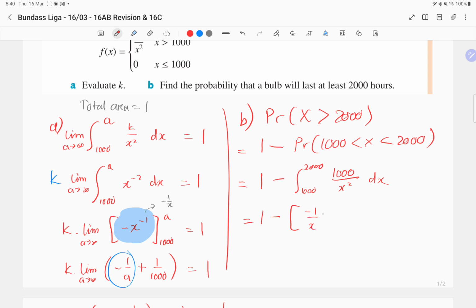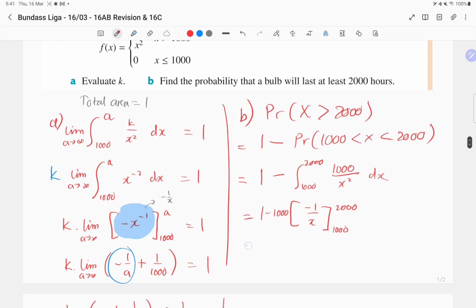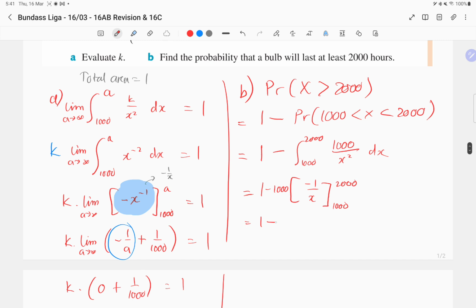That's minus 1 over x, calculated from 1000 to 2000. Okay, and then there's a K at the front as well, so that will be 1000 at the front. So then that would be 1 minus 1000 times, you sub 2000 first, so that's negative 1 over 2000, and then plus 1 over 1000.